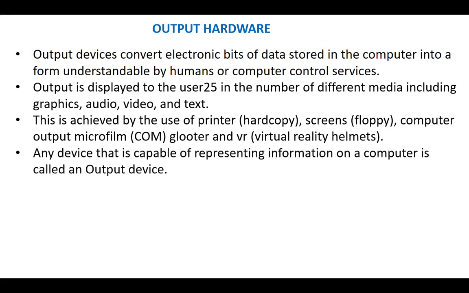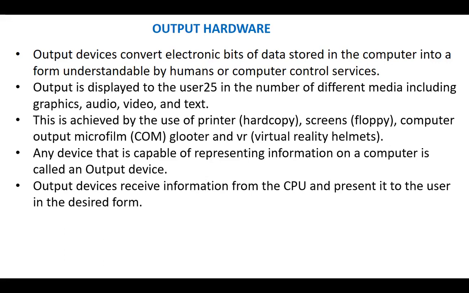So any device that is capable of representing information from a computer is called an output device. Any device that is able to convert computer-sensible information into human-sensible information is called an output device. Output devices receive information from the CPU and present it to the user in the desired form.